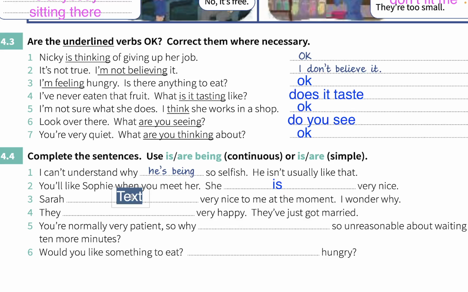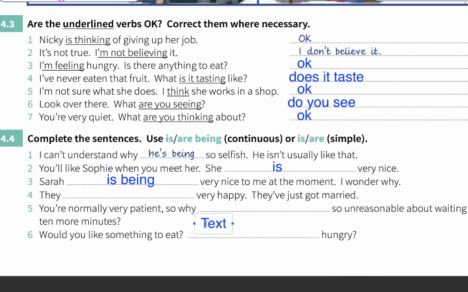Number 3, Aiden. Sarah is being very nice to me at the moment. I wonder why. Yes, correct. Sarah is being very nice to me at the moment. I wonder why.